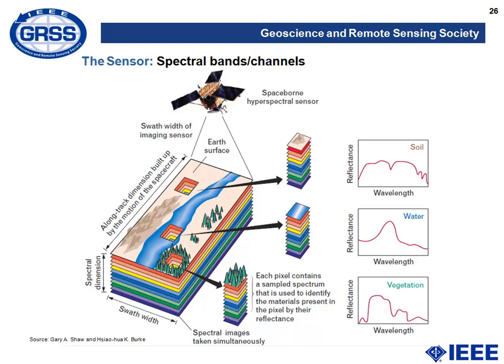With hyperspectral sensors, we have an image for each band, so we can obtain reflectance profiles in each band and then characterize the different sorts of soils, water, vegetation, or any other targeted material.